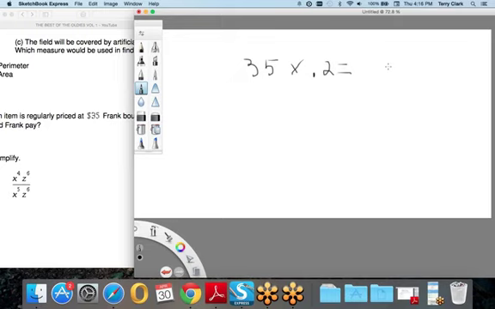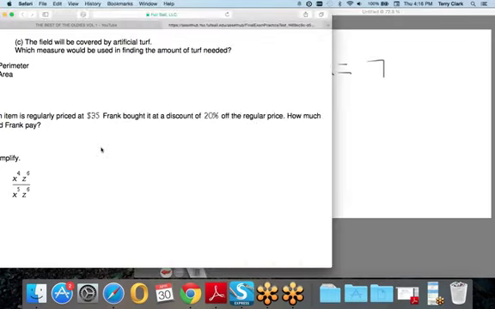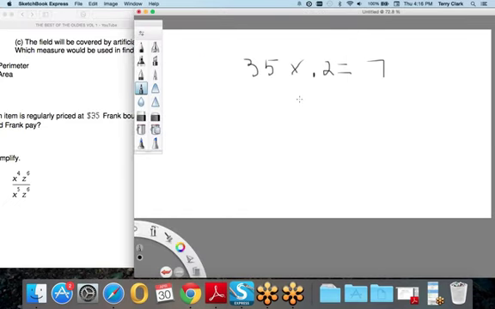So here that's going to be $7. Okay, so that's what the discount was, $7. So we'll take 35 minus 7, and then that'll give you 28 bucks. So that's what Frank paid for it.